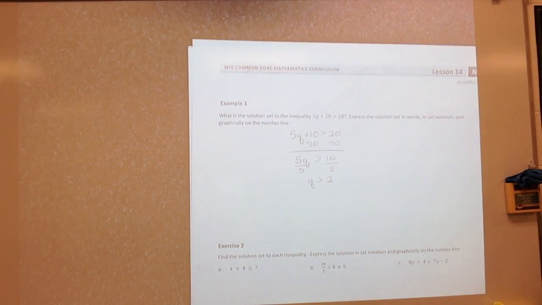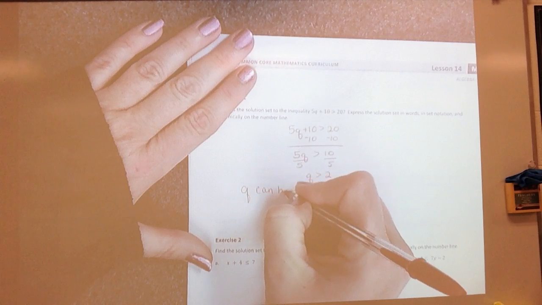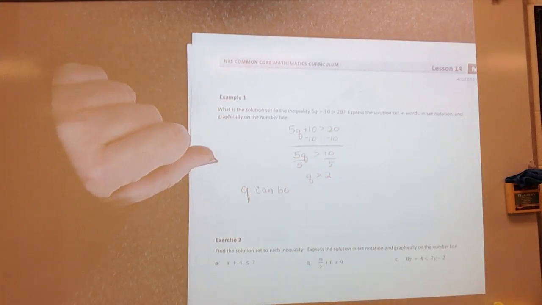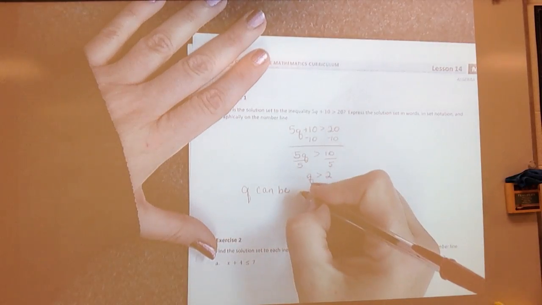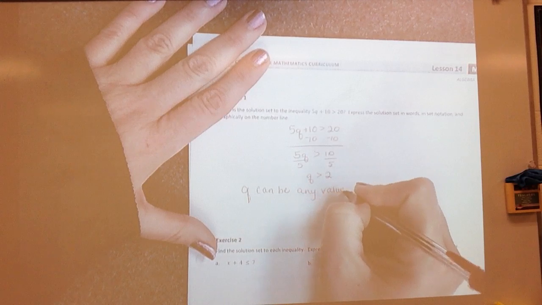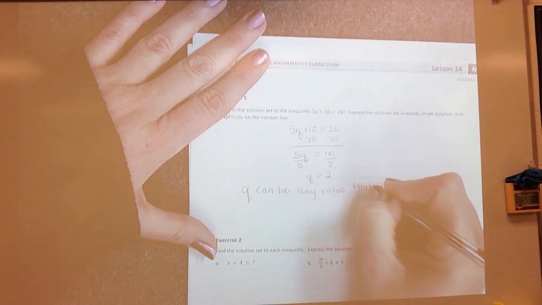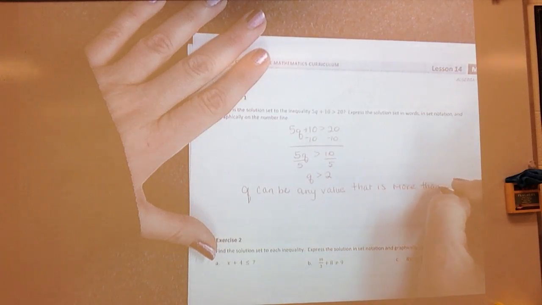So it says to express this in words. So Q can be, listen to the words that I use, can be any value that is more than 2.